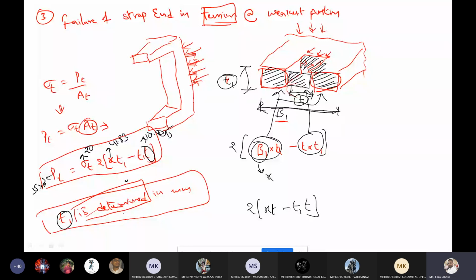What is T1? So just in this manner, substitute all the values.